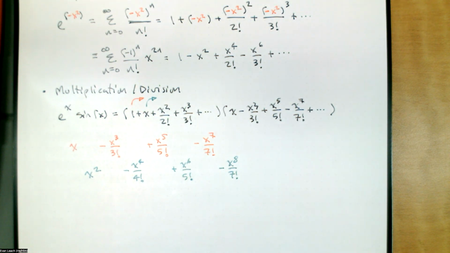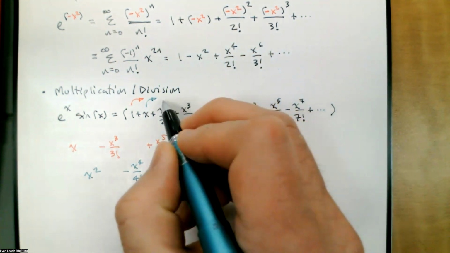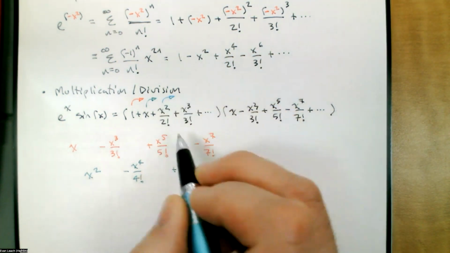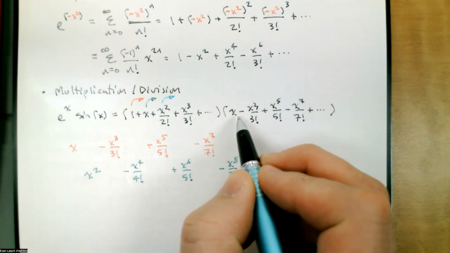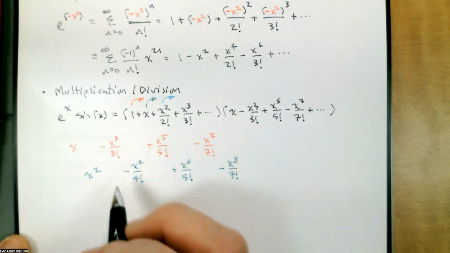Now we go through and we're going to multiply by x squared over 2 factorial. X squared over 2 factorial times x is going to be x cubed over 2 factorial.